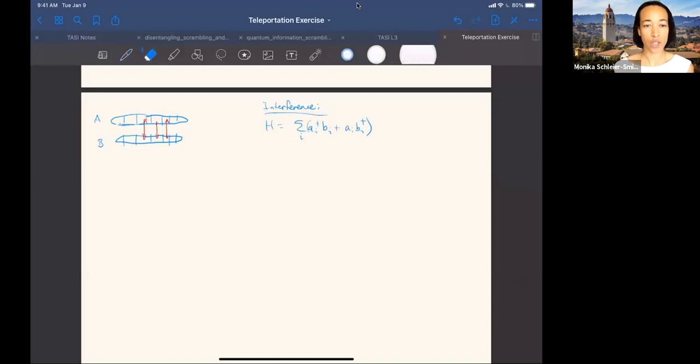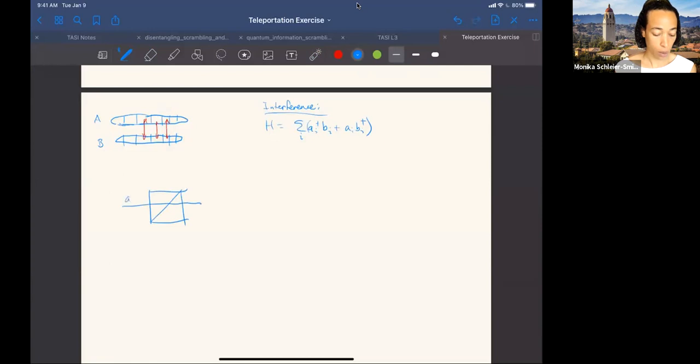And this is the same as a beam splitter, right? I have my bosonic atoms. For each of these sites, it's a little bit like taking 2 photons and putting them on a beam splitter. And so we could draw it like this.